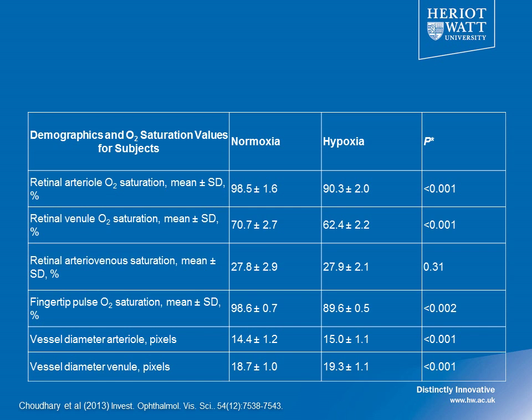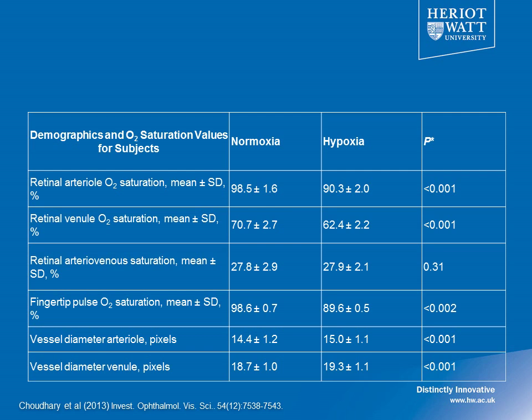So here we see retinal arterial O2 saturation under normoxia, and it falls during hypoxia, a significant change. Similar with the retinal venous O2 saturation, a decrease in O2 saturation under hypoxia.